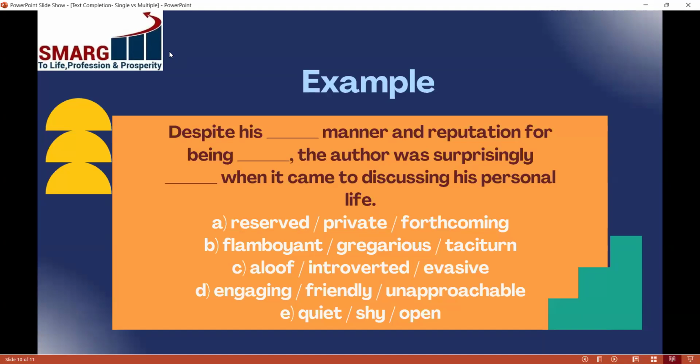If I simply look at the structure of the sentence, I need the combination of words, two could be positive, the last one could be negative. If I simply follow that particular structure, then maybe I can say this could be a possibility. But then look at the word that is there, surprisingly.